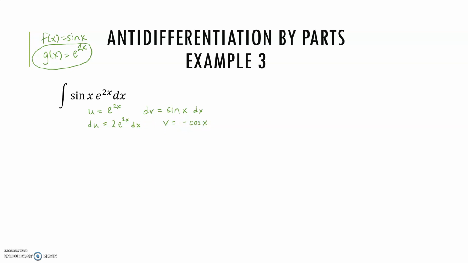And then I'm going to apply my formula. So I have the integral of sine x e to the 2x dx is equal to u times v minus v du. It's minus a negative, so I'm going to make that plus.